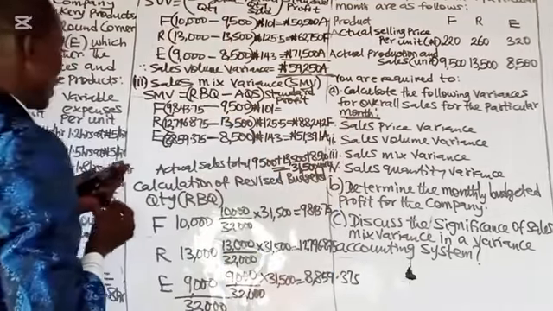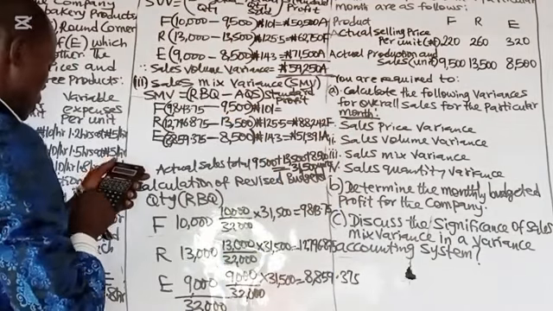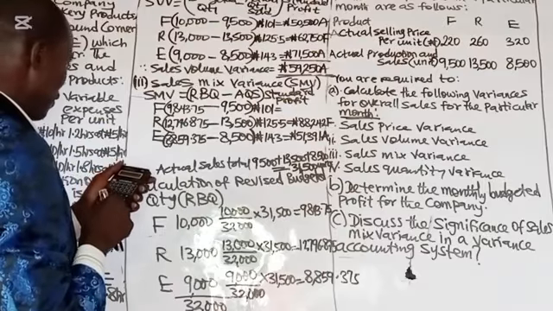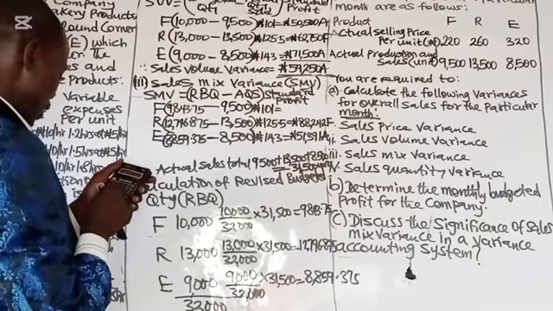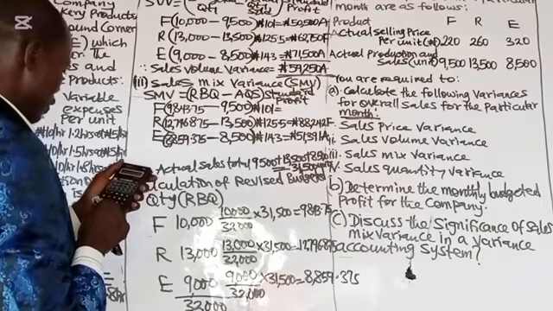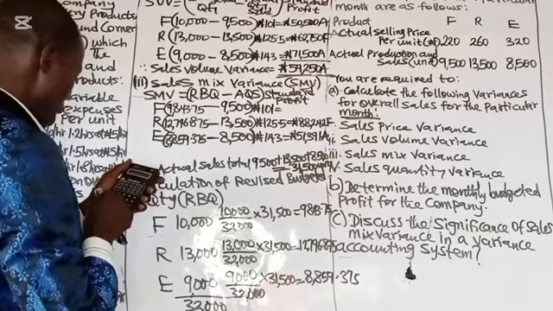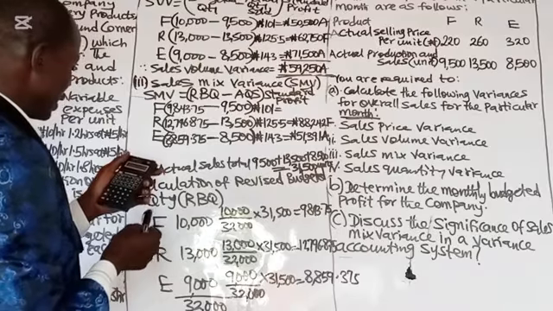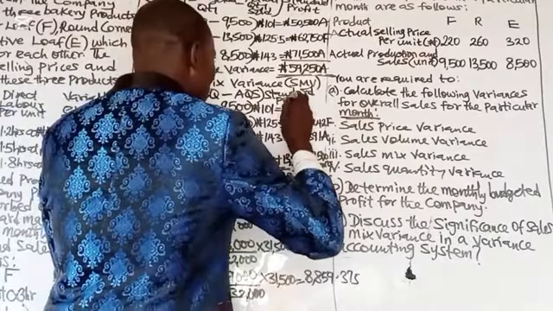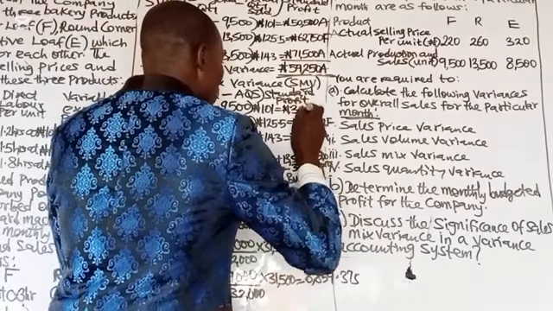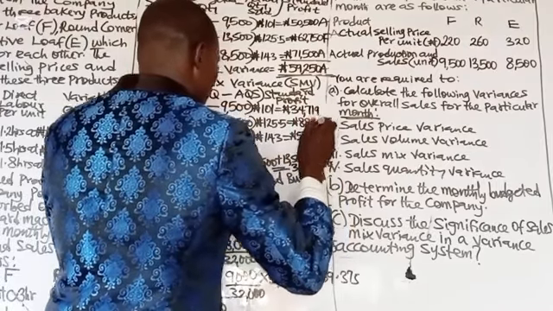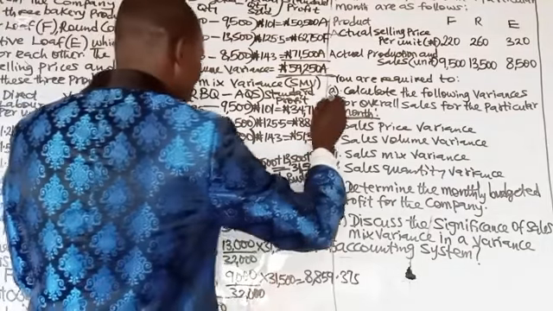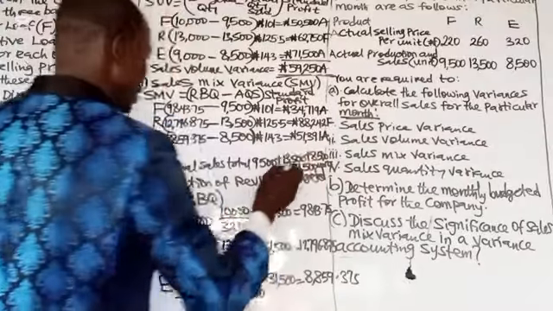Then for F, 9,843.75 minus 9,500 gives 343.75 times 101, so we have 34,719. This is an adverse variance.